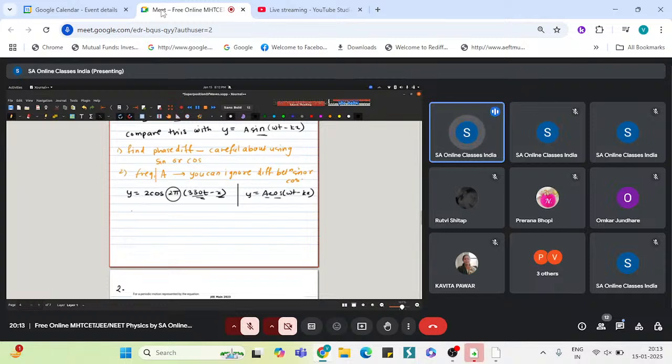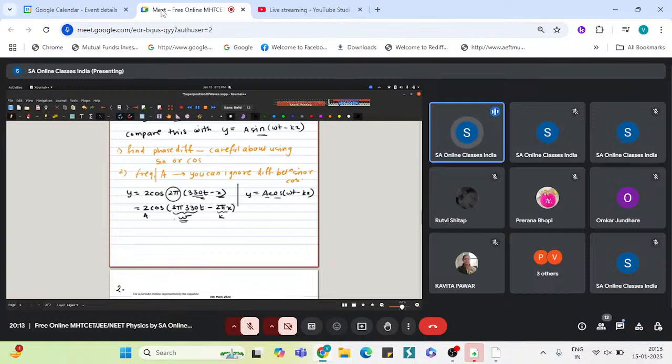But don't do that. We can write this in the correct form, which is cos of 2 pi 330t minus 2 pi x. Now we can directly compare that this is a, this entire thing is omega, and this thing is k, and this is x.